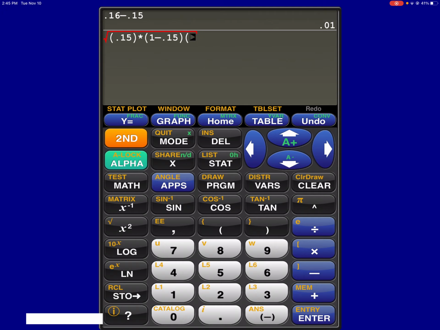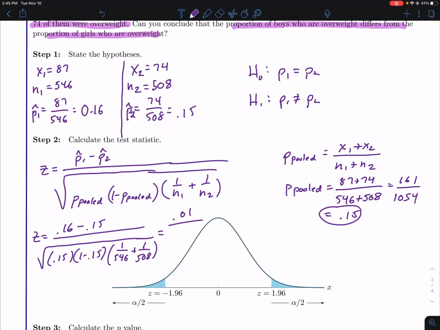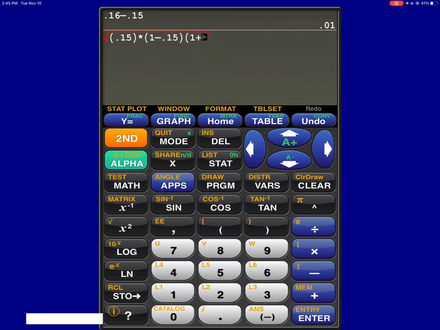And then big parentheses here, 1 divided by 546 plus 1 divided by 508.